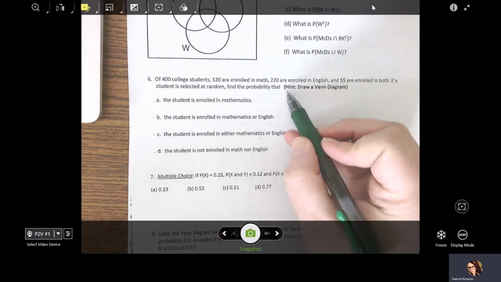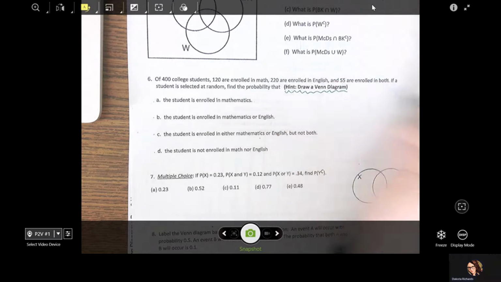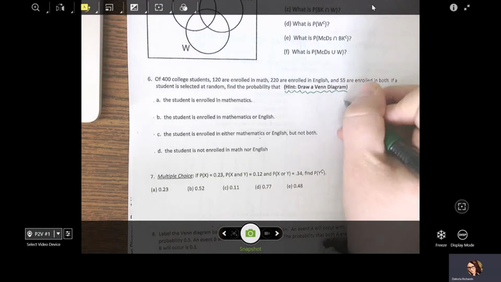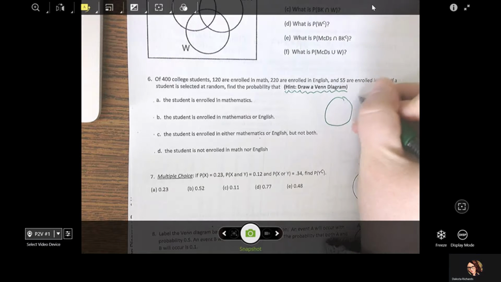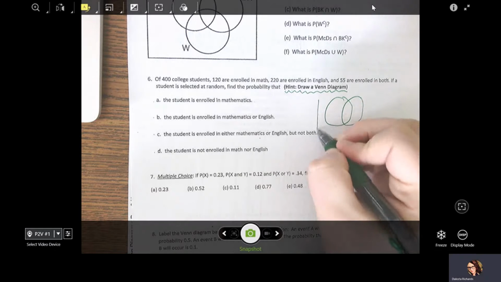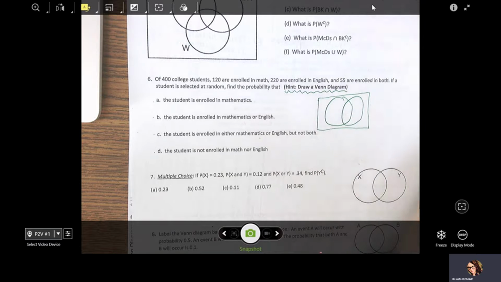So what you're going to have to do is draw a Venn diagram here. So let's go ahead and make a Venn diagram with this. So we have two circles that overlap because we have two events. And let's make a box around those. Please don't judge my artistic abilities.